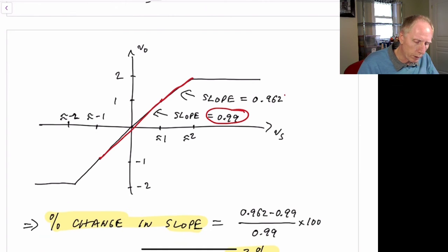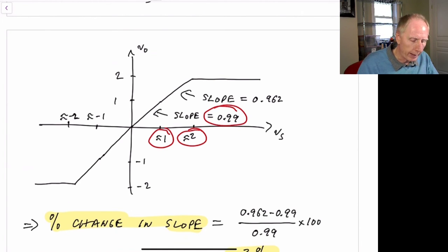Between 1 and 2, the slope is equal to 0.962. And at 2, the slope is 0, so it just stays at 2 the entire time. This change occurs at approximately 1 volt here and approximately 2 volts over here, since we have a gain of around 1 when it's less than 1, and even when it's between 1 and 2, approximately 1.